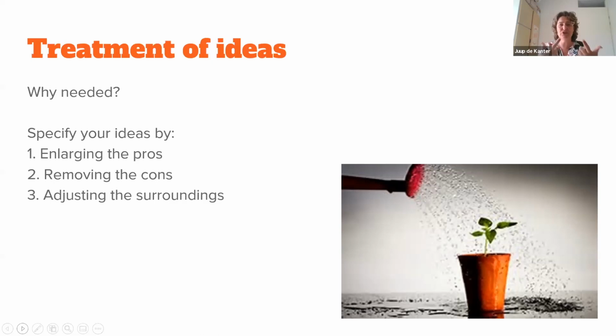And if you don't use your criteria in this phase, it's a loss, because if you have very beautiful red ideas, but your client wants blue ones, and you make better red ones, he will never pick them. But if you know you have red ones and your client wants blue ones, then in this phase you can make them blue. And then he can choose it. So make them all comparable. That's what you have to do in treatment of ideas.